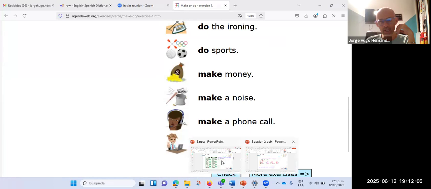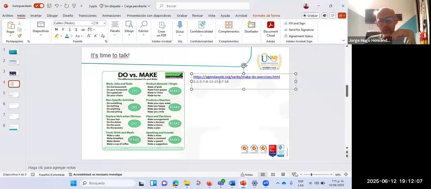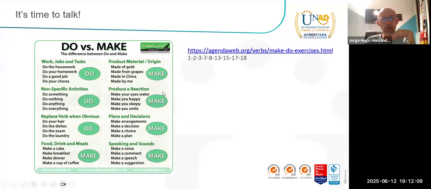Now we are going to check out when we use do and when we use make. Okay, so in order to use do in sentences, if we are talking about work, jobs, and tasks, we use do.